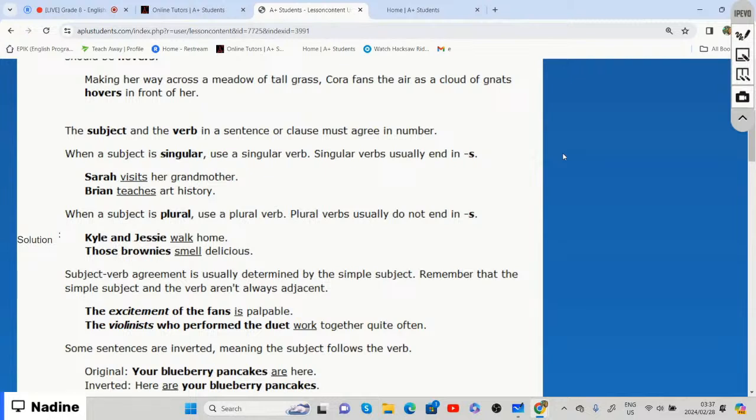Subject verb agreement is usually determined by the simple subject.